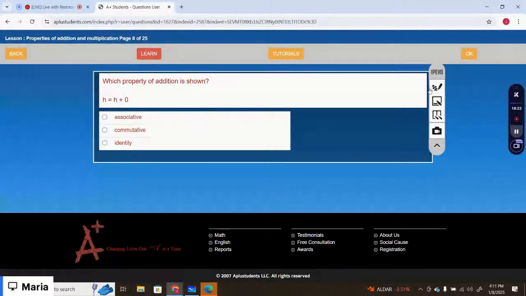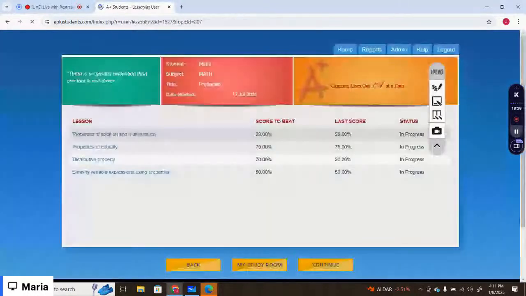Okay, you can complete the lesson by yourself later today. Let's just move on to the next lesson. The next lesson is properties of equality. Let's just start with the lesson.